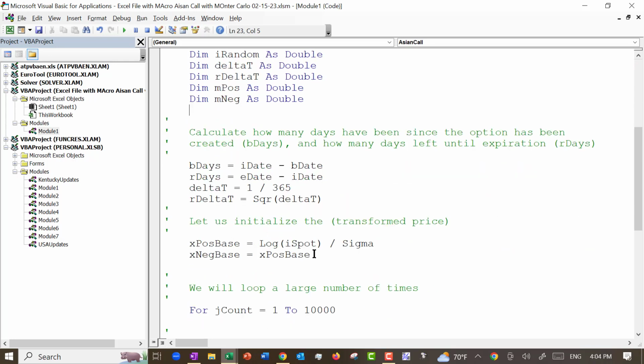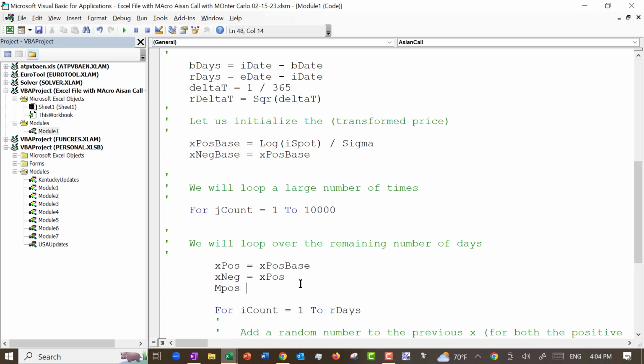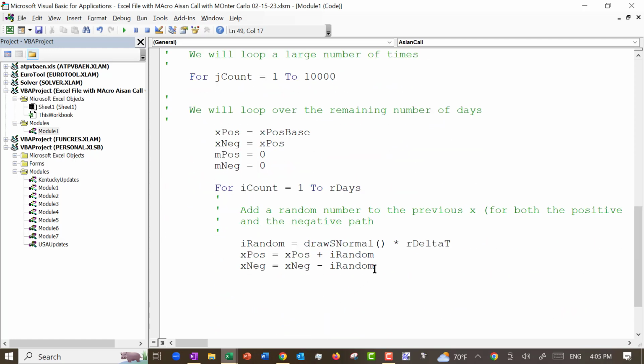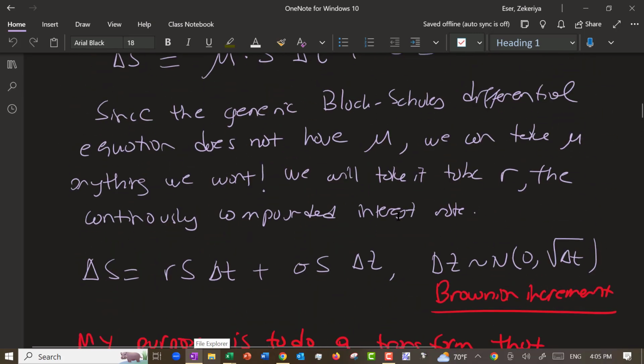Let's also initialize those. Actually, then yeah, they're 0. Now I need to take those X's and make them into stock prices using this transformation.